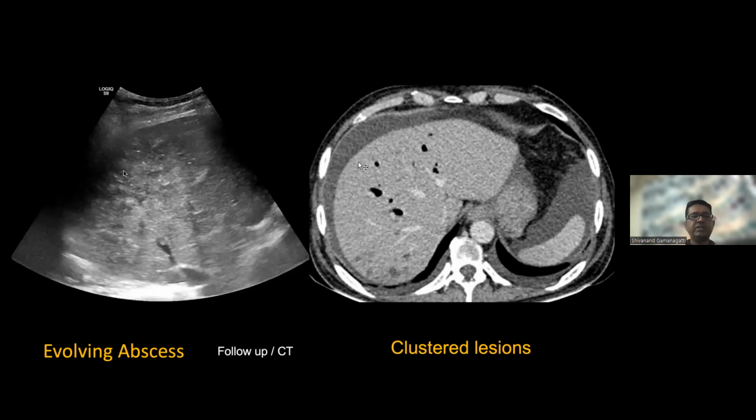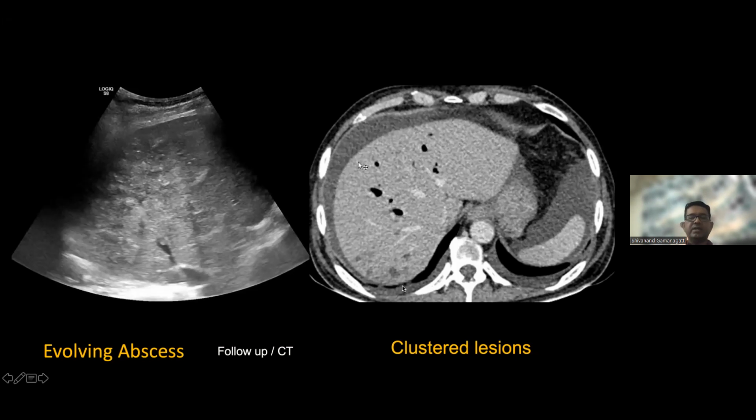You are not appreciating any wall or liquefaction. Then what we advise is to go for either a follow-up scan after a few days, when you may start seeing liquefaction, or else go for a CT. CT will obviously give a better picture, or else with follow-up imaging after 2 to 3 days, you can start seeing liquefaction. So that is one of the problematic areas.